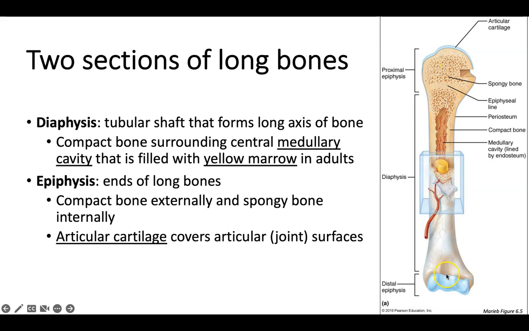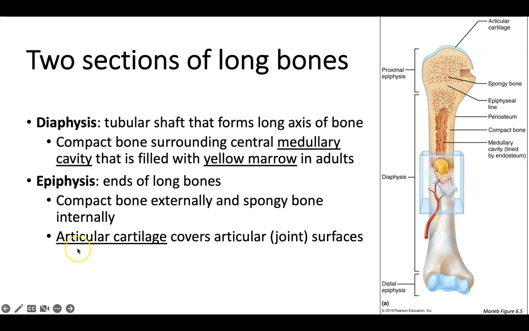Each end of this long bone is called an epiphysis, so those are the ends of long bones. Again, surrounded by compact bone, but internally, instead of having that medullary cavity, they are filled with spongy bone. So spongy bone looks basically like a sponge, unlike the very solid-looking compact bone around it.